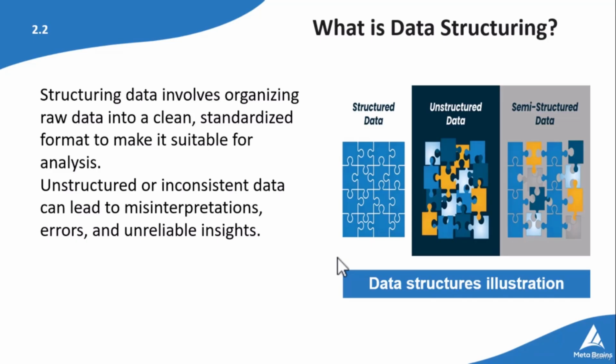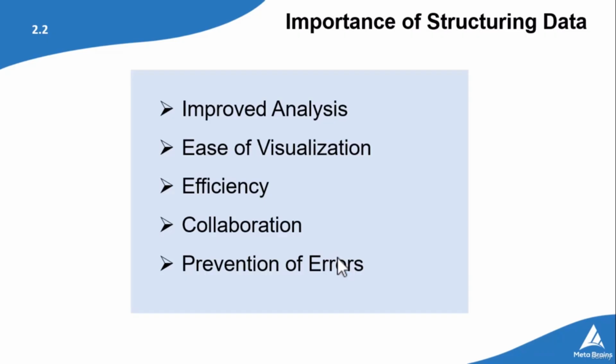For instance, one row may use a short date format, while another uses a long date format or even a custom date format entered by the user. These inconsistencies can disrupt your ability to sort, filter, and aggregate data. Structuring aims to solve these issues and create a uniform format across all records.